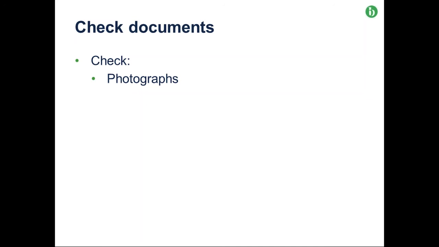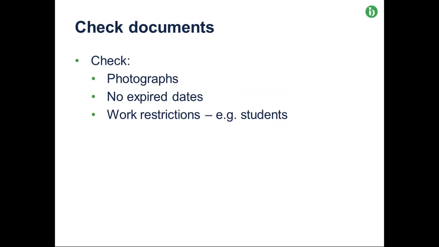That there aren't any expired dates in the documents that would make it impossible or difficult for you to employ the individual, particularly if they are a fixed term or temporary worker. That there aren't any work restrictions in the documents themselves. For example, if the individuals are students, there may be restrictions around the hours that they can work or the time periods.